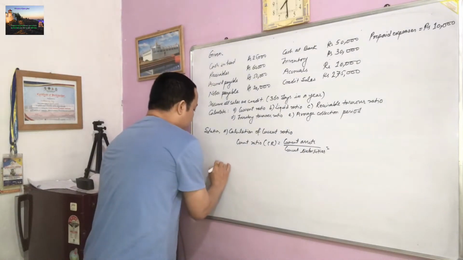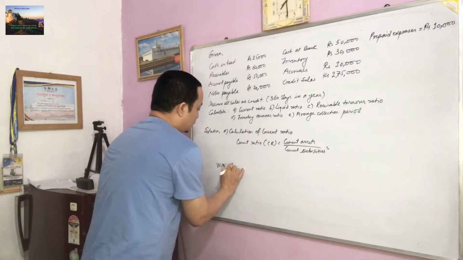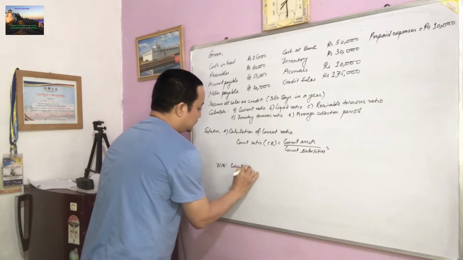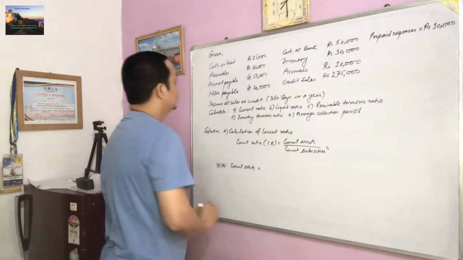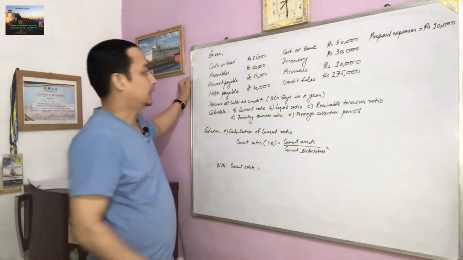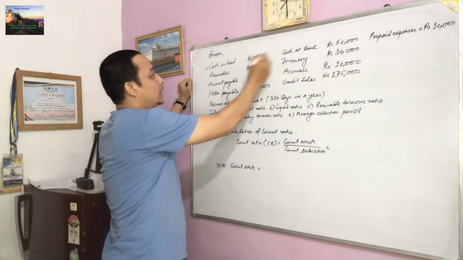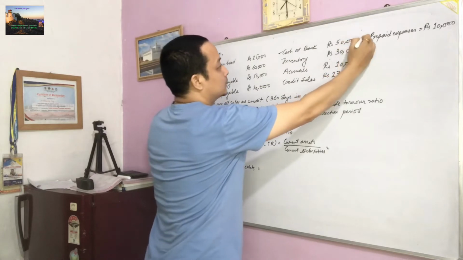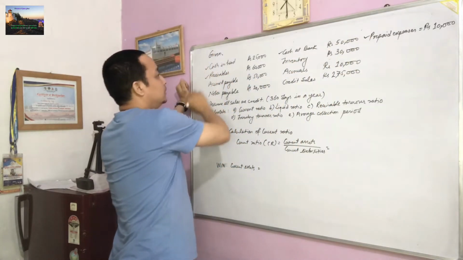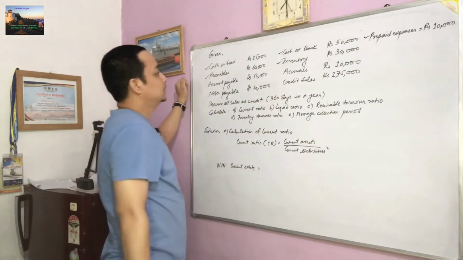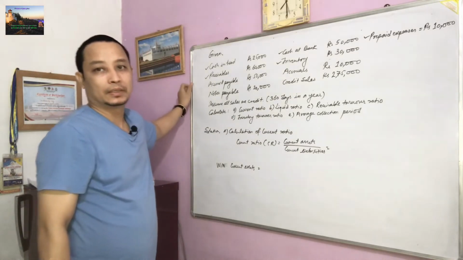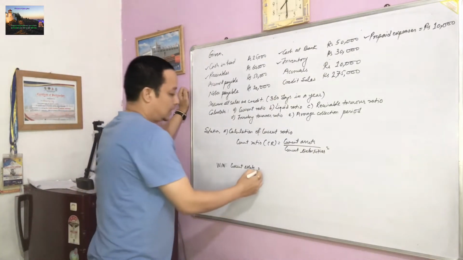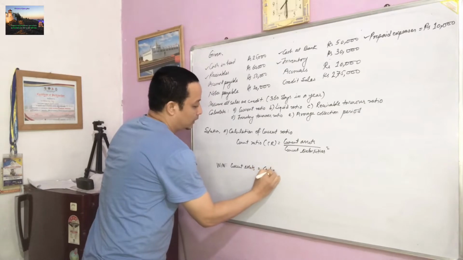So here now working note, current assets equal to, so items related with current asset. Now let's see, cash in hand, cash at bank, prepaid expenses, receivable, inventory. These items are related with current asset. So now let's add these items to get the value of current asset.